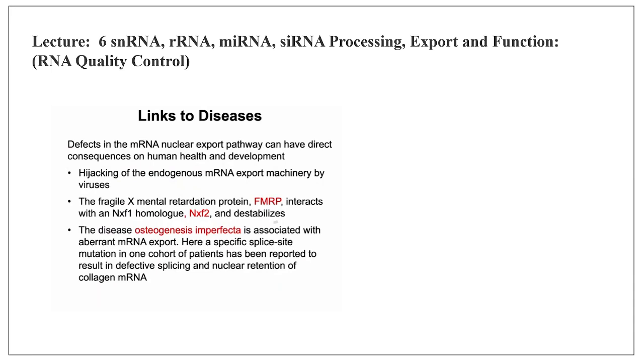A specific splice site mutation has been reported in one cohort of patients, which leads to defects in splicing and nuclear retention of the collagen mRNA. So this is the disease osteogenesis imperfecta. This is important.